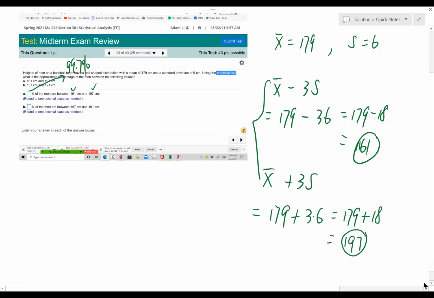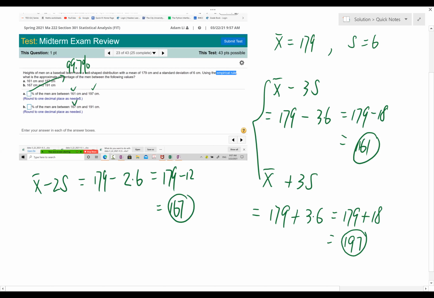And the second part, 167. You can look at the difference between 179 and 167, that's 12. 12 is twice as much as 6. That means that's 2 standard deviations on the left. Let's confirm that. x bar minus 2 standard deviations should be 179 minus 2 times 6. It's 179 minus 12, which turned out to be 167.